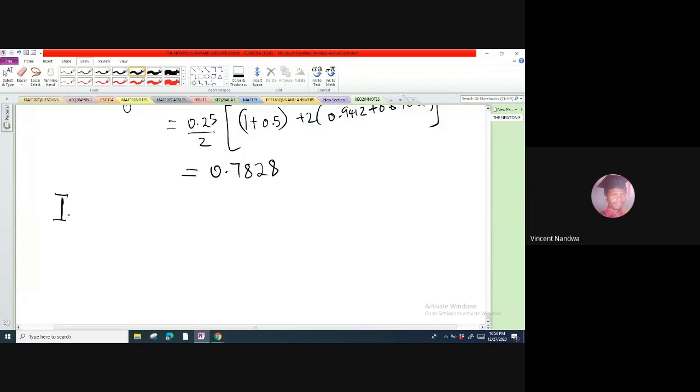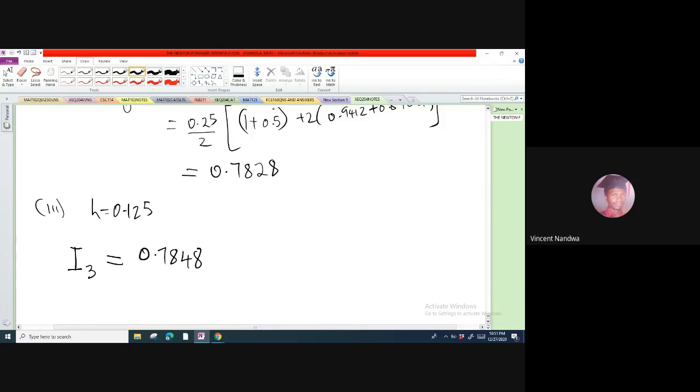So I3 will be defined when h is taken to be 0.125. When you work it out, you should get that the value of I3 is 0.7848.